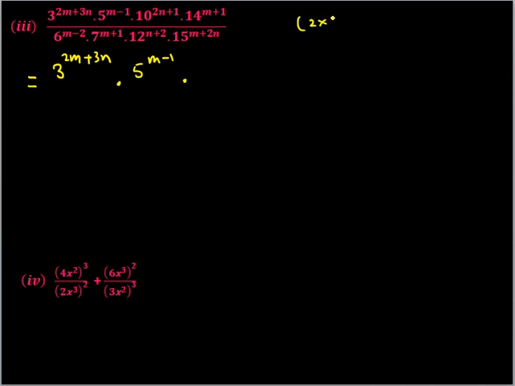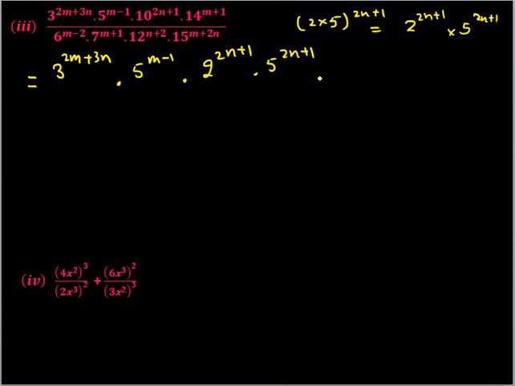So we can write this exponent separately for 2 as well as 5. So we can write it as 2 with exponent 2n plus 1 into 5 with exponent 2n plus 1.